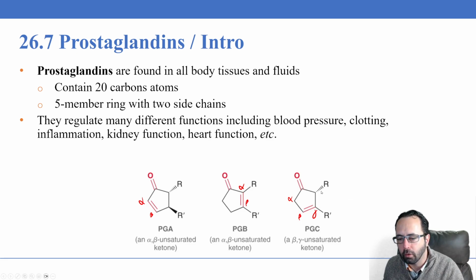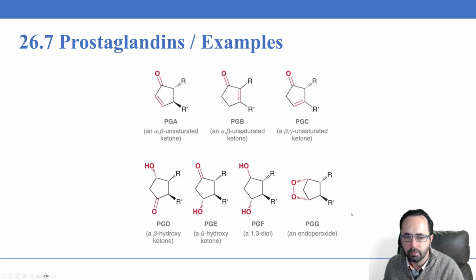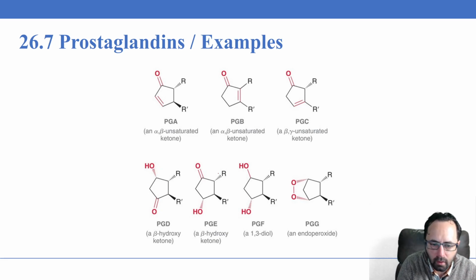And then there are larger groups on all the prostaglandins. They will differ from one another based on what these R groups are. Here are a few other examples of different prostaglandins. We can have a beta hydroxy ketone, this being the ketone on this side of the ring, alpha, beta.